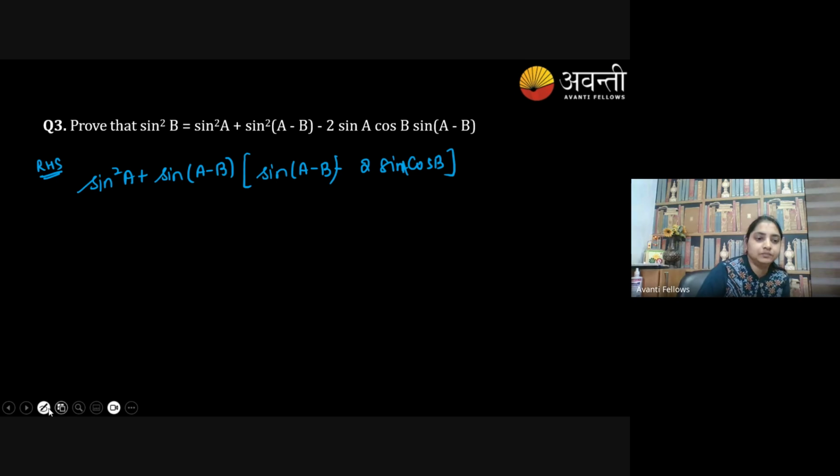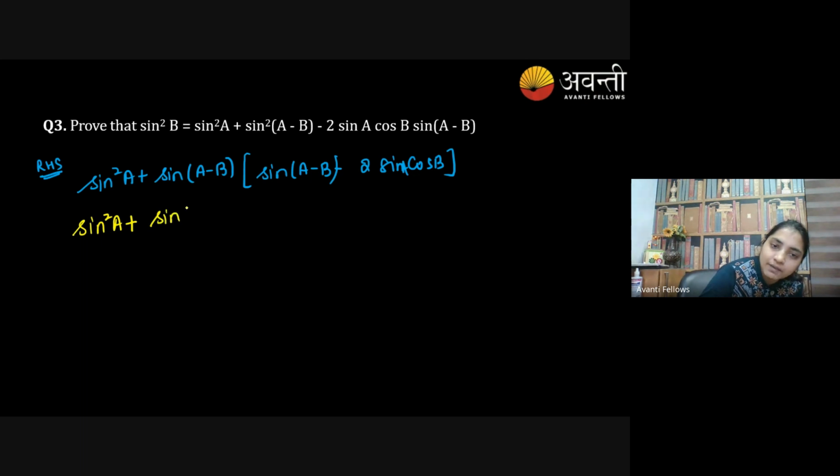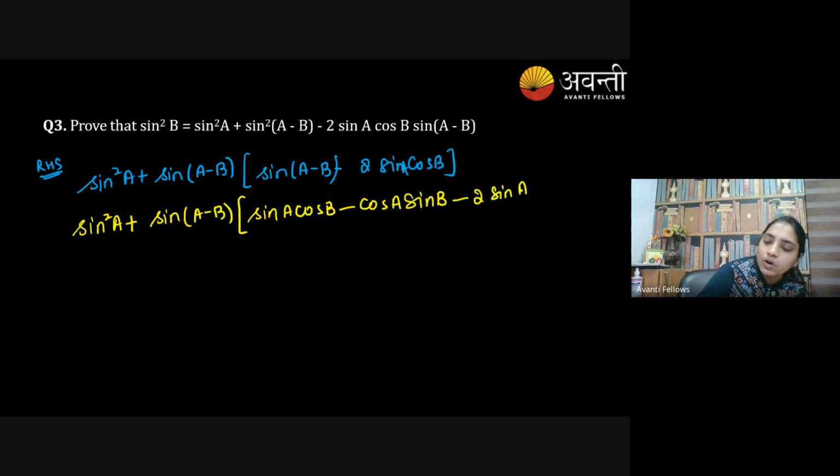Here, sine square a remains the same, sine a minus b remains the same. And this will be sine a cos b minus cos a sine b, minus 2 sine a cos b. Right, dear friends?